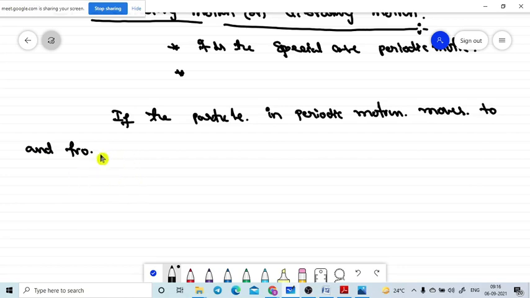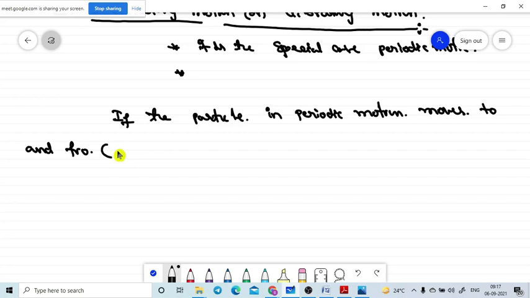That is the main importance here. In periodic motion, the particle can move in the same direction only. But in oscillatory motion, it will move front and back.